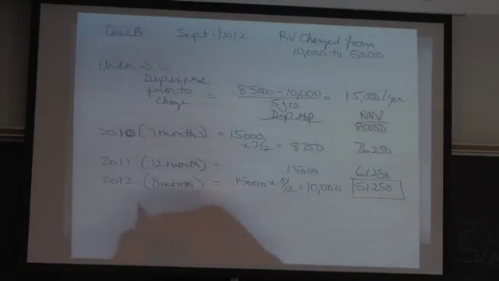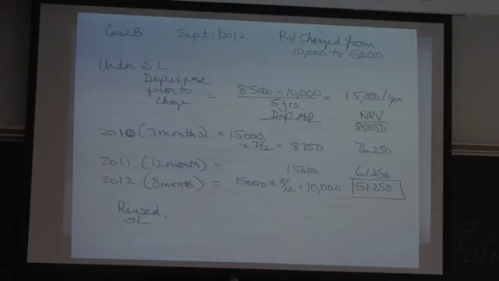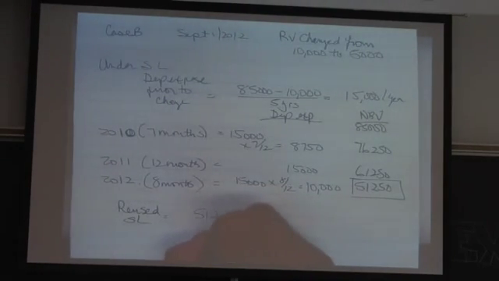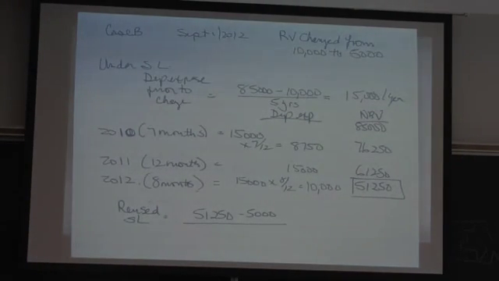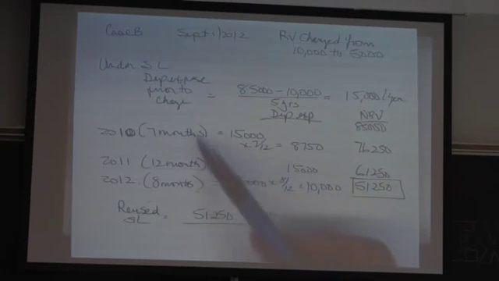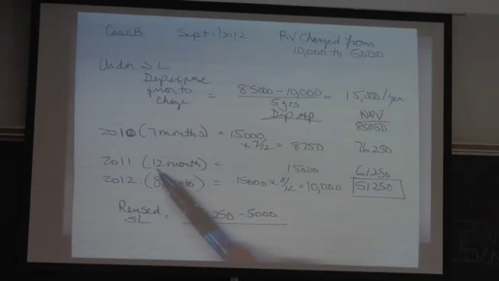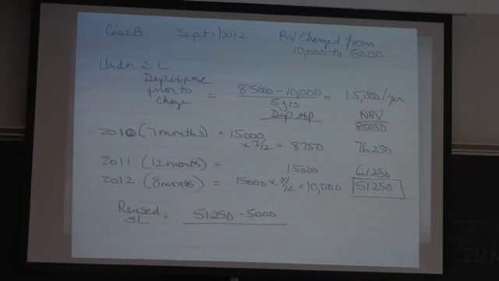So the revised straight line is net book value prior to the change 51,250. We're going to subtract 5,000, the new residual value. And the useful life we know is we've got 7 months plus 12 months, that's 19, plus 8 months, that's 27 months.